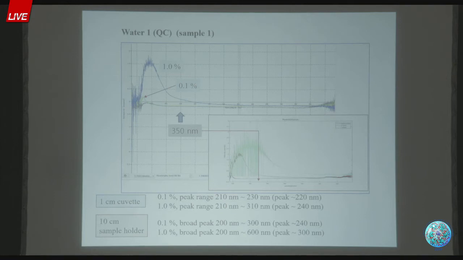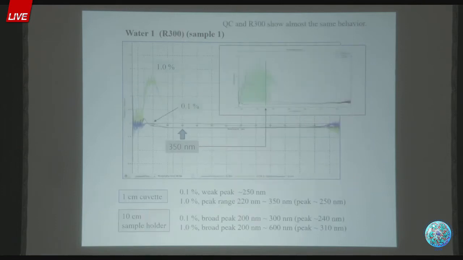And when I use the 10 centimeter sample holder, the range of the peak is broadened much more, from 200 to 300, and for 1% even 600. So for example, 300 nanometers showed very low here, but with the 10 centimeter it is quite high compared to this. So it means that the longer path causes a wider range of absorption in this case.